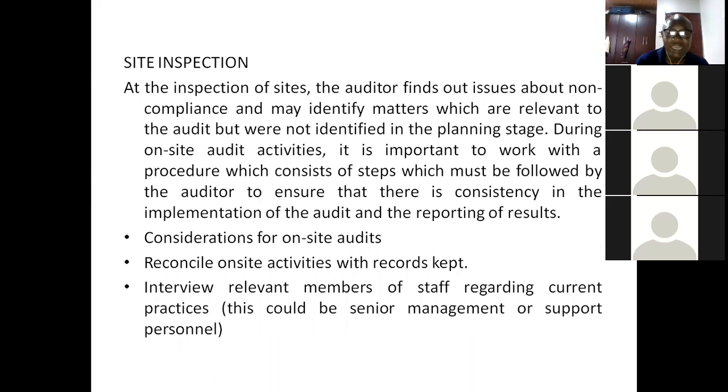Then you do site selection. You want to audit a farm that is about 5 hectares or 5 acres of land. You can't say you want to stay at the main gate and take all your samples. No, it's 5 hectares. How many samples are we taking? We are taking 5 samples.